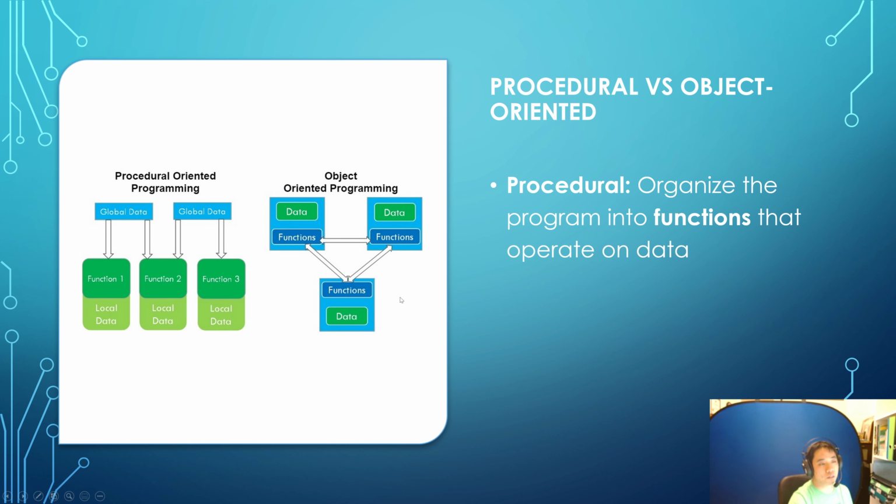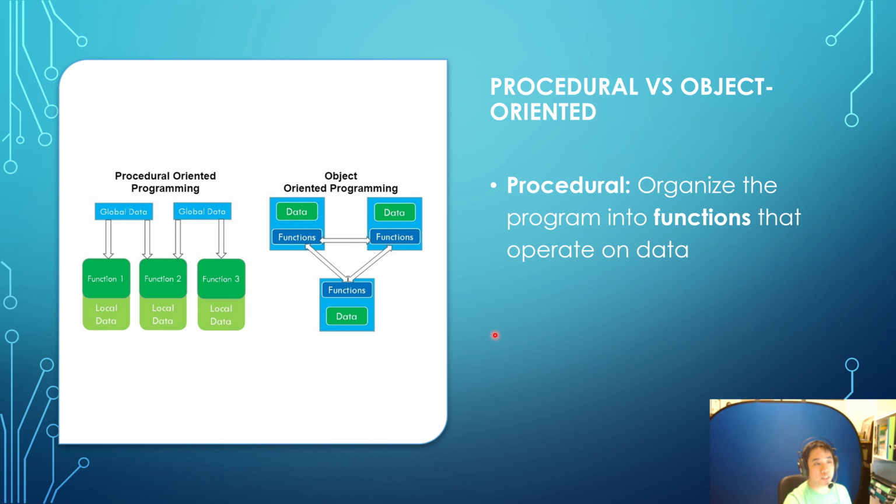How about object-oriented programming? As you can see, we just organize our programs into different containers we call objects. And each object has their own set of data they work with, and they also have their own sets of functions they work with as well. And each object can communicate with another.